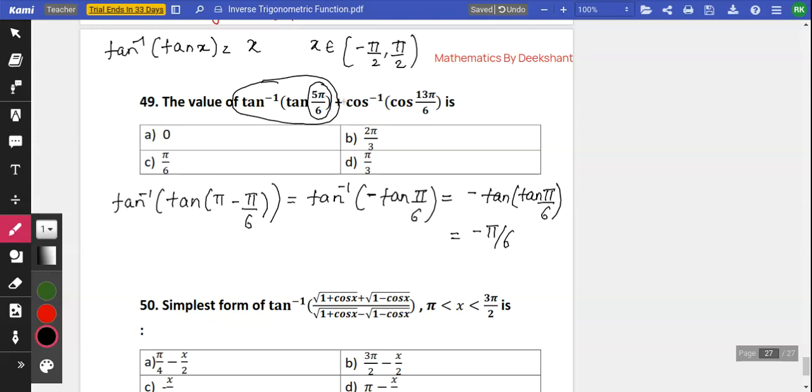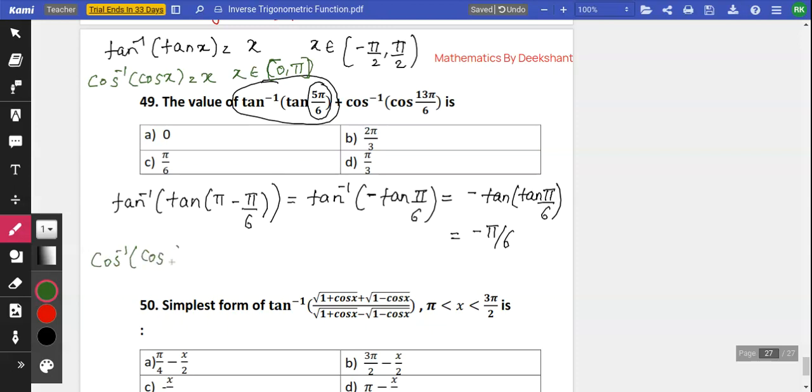Now we solve another term, cos inverse cos 13 pi by 6. Here also is the same condition. Cos inverse cos x is equal to x only when x belongs to the closed bracket 0 to pi. But 13 pi by 6 is not lying in the range of 0 to pi. So we try to convert it into the range of 0 to pi.